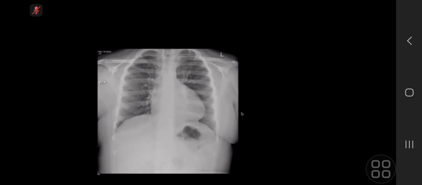In terms of heart size, there is mild cardiomegaly with elevation of the cardiac apex. Pulmonary vascularity, summary, increased pulmonary vascularity with probably right ventricular hypertrophy.